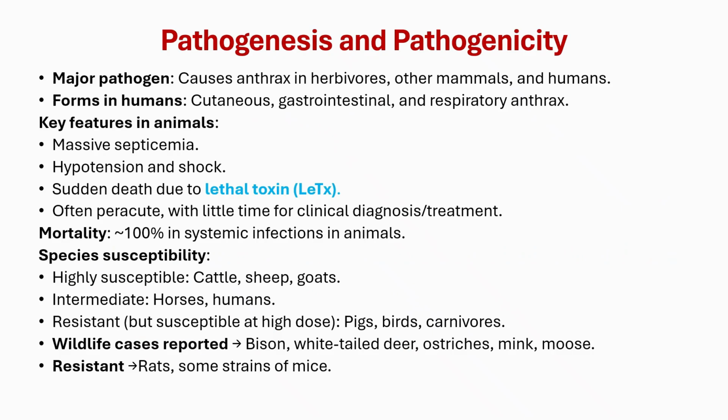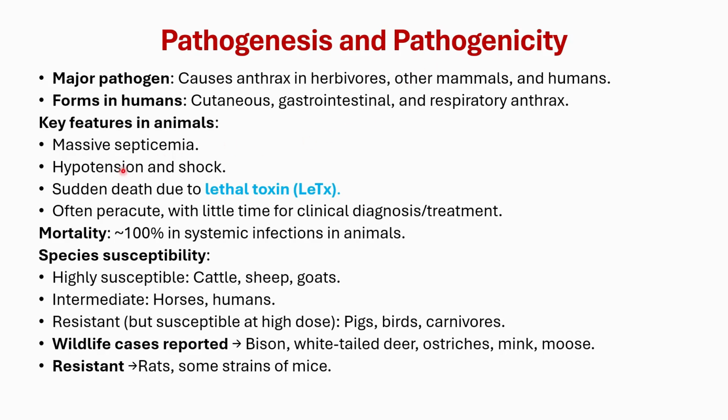Pathogenesis and pathogenicity. Bacillus anthracis is a major pathogen responsible for anthrax, a highly fatal disease affecting herbivores, mammals, and humans. In humans, anthrax occurs in three major forms: cutaneous, gastrointestinal, and respiratory anthrax, depending on the route of exposure.